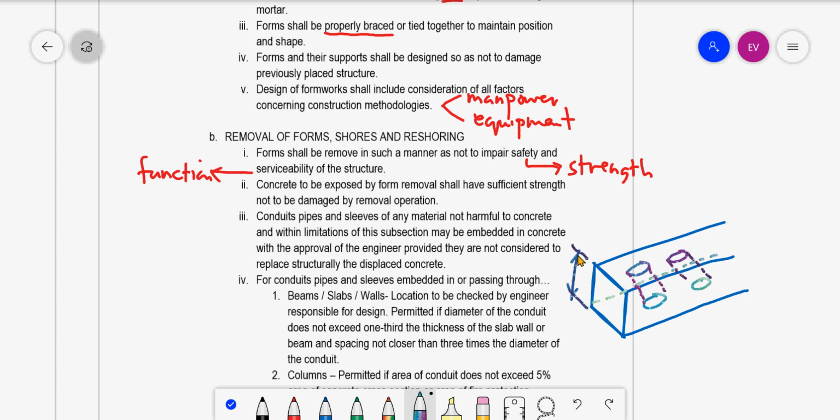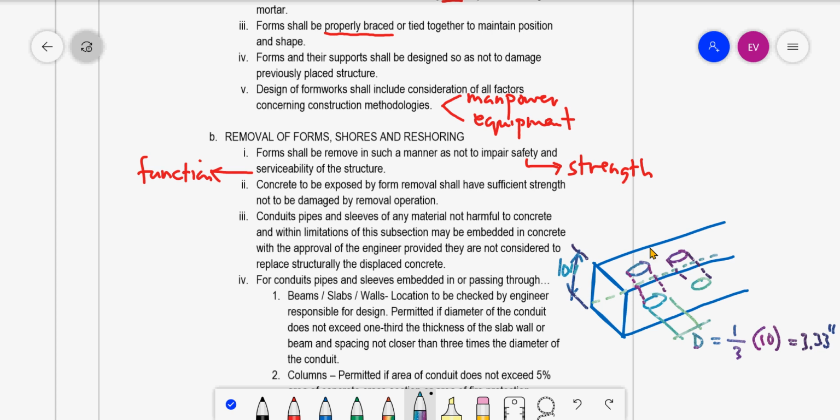So if the thickness of the slab, wall, or beam is, say, 10 inches, then the allowable diameter of this conduit can be computed on the basis of 1/3 of 10, which is 3.33 inches. For the spacing requirement, the spacing between conduits is limited to 3 times the diameter of the conduit.